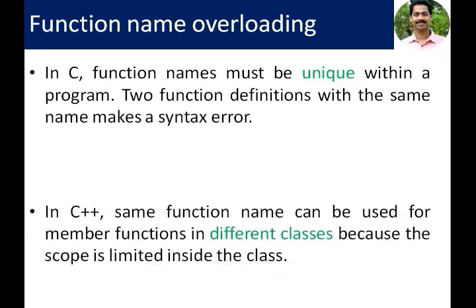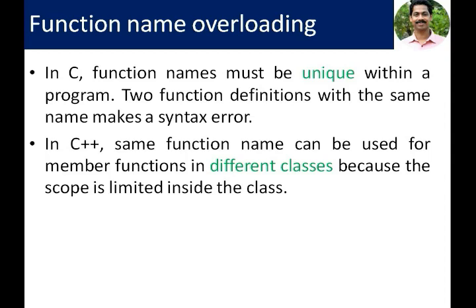But in C++, the same function name can be used for member functions in different classes because the scope is limited inside the class. So we are going to learn about classes. In such a case, we can define more than one class in a program. In each class, we can define the same functions for different purposes.